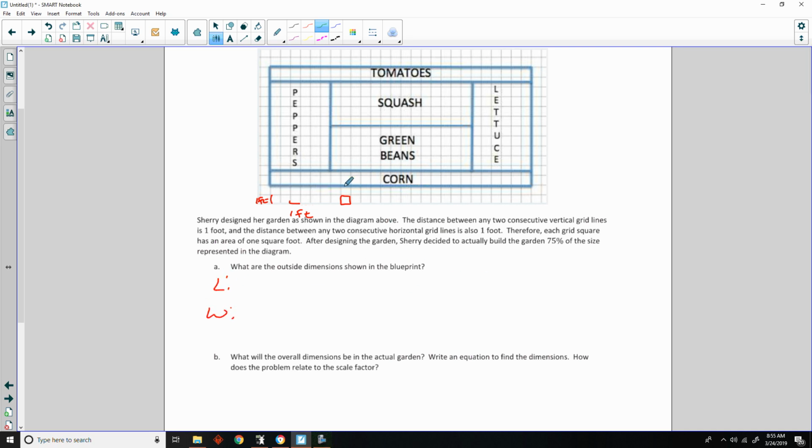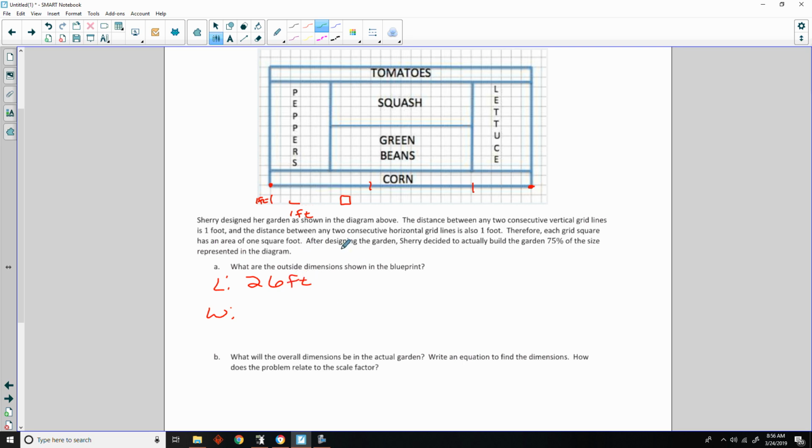So if I count the length, it's from here all the way over to here. And that is 1, 2, 3, 4, 5, 6, 7, 8, 9, 10. I'll mark 10 so I don't have to start over. 1, 2, 3, 4, 5, 6, 7, 8, 9, 10. And 1, 2, 3, 4, 5, 6. So that's 26 units, which is 1 foot each, so that's 26 feet.